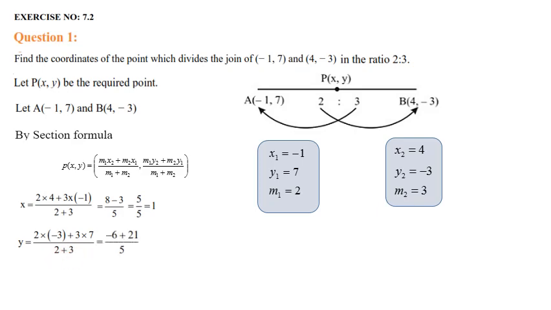Go for the calculation: 2 into -3 is -6, 3 into 7 is equal to 21, 2 plus 3 is equal to 5. So 21 minus 6 is 15, divided by 5. 15 by 5 is 3. Therefore, the coordinates of P are both the values we have got. X value is 1, Y value is 3. Just write it as an ordered pair. That is the answer.